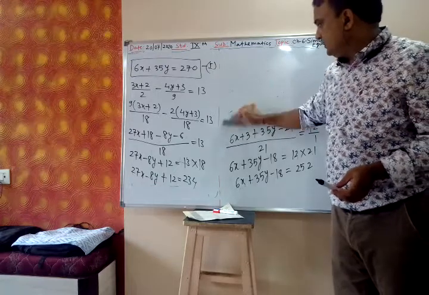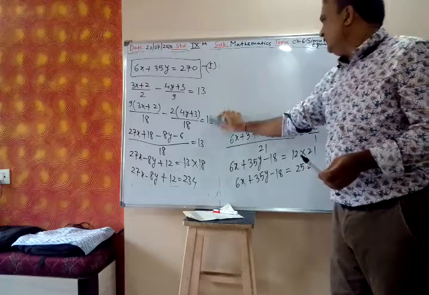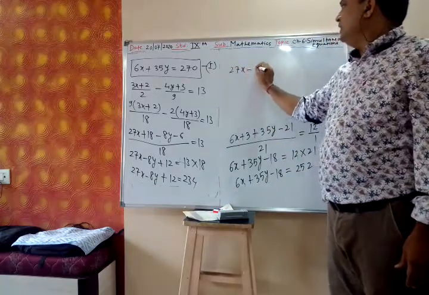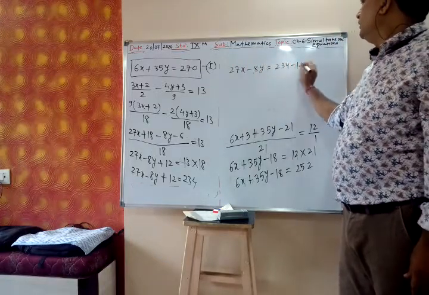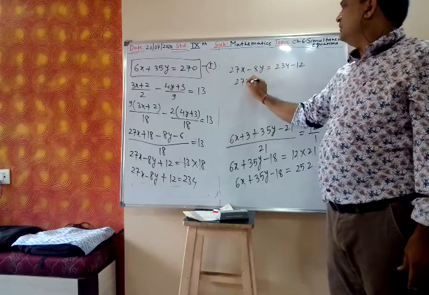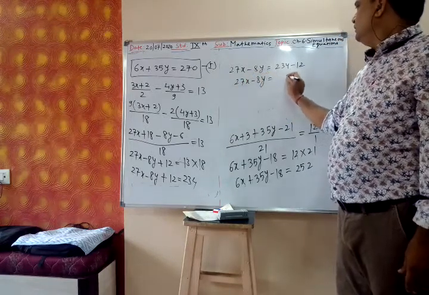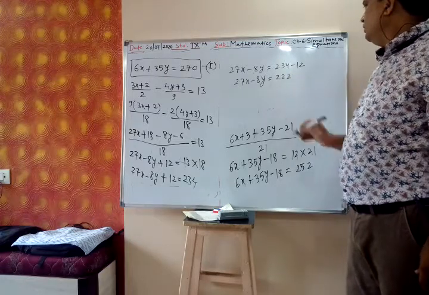So 27x minus 8y is equal to 234 minus 12. So 27x minus 8y is equal to 222.